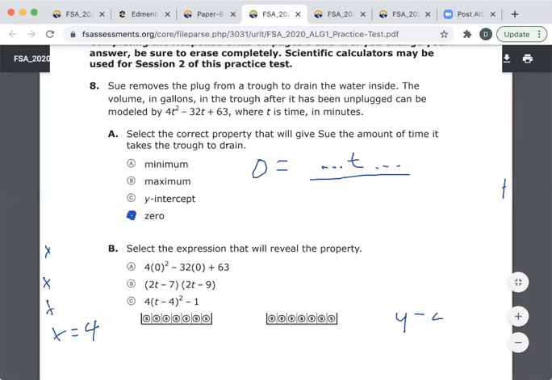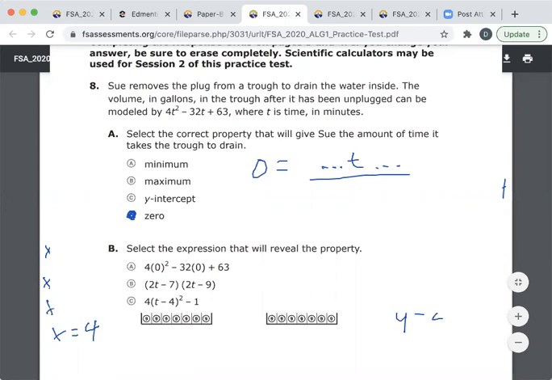Now, for B, it says select the expression that will reveal the property. So now we are going to factor it, okay? And there's a trick to factoring this expression.